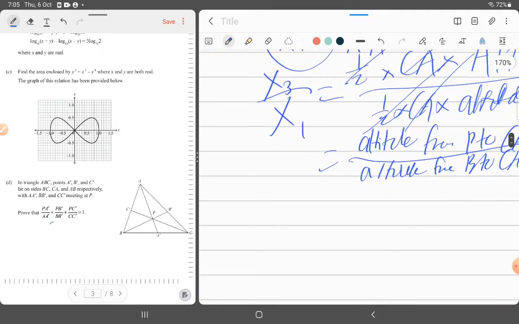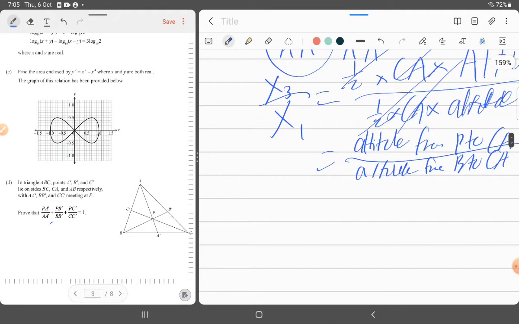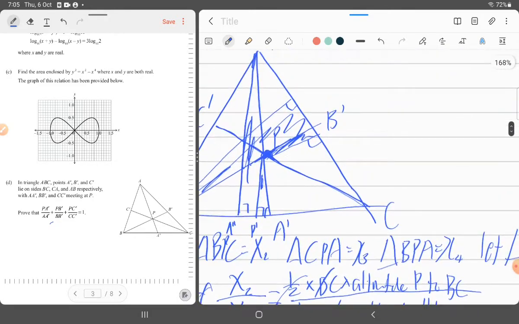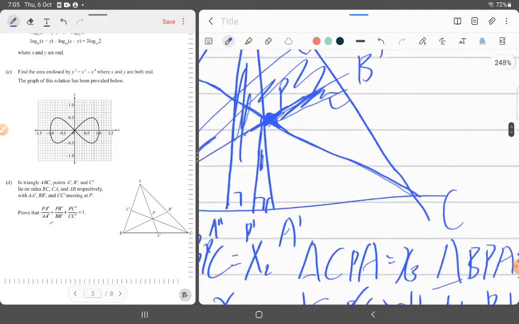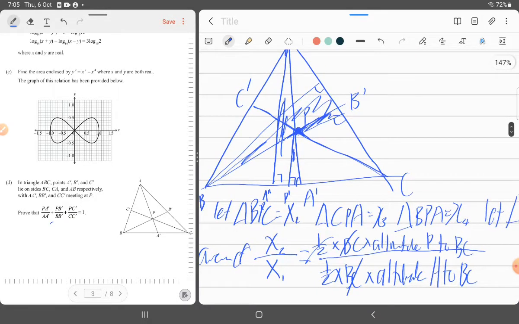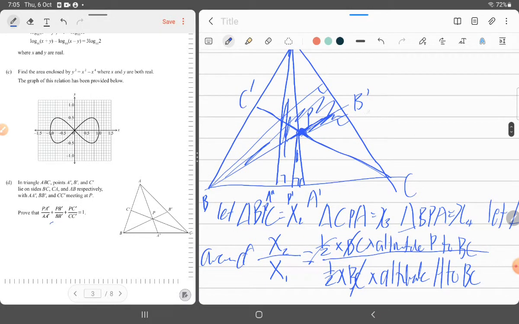So we call this P dash dash and B dash dash.